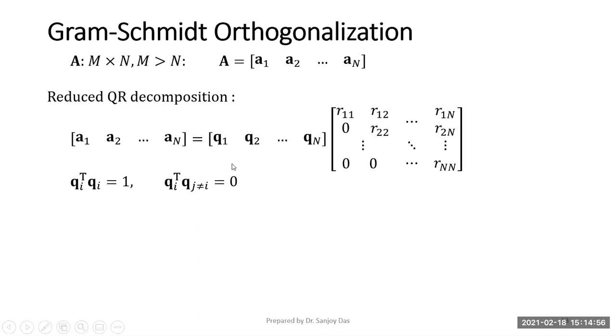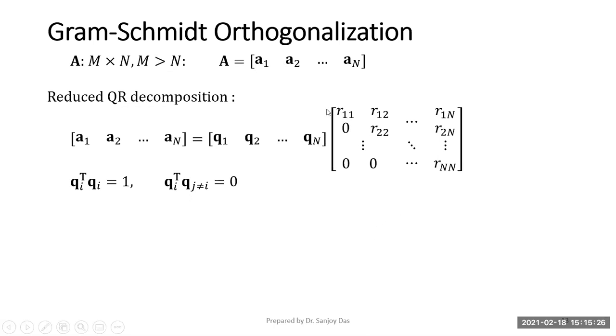And this is the reduced QR decomposition. This Q here is also a tall matrix of the same size as A, and its columns are all unit vectors, mutually orthogonal to one another. But this is not a unitary matrix, because it's a tall matrix. I've dropped all the other columns that the full QR decomposition would provide.